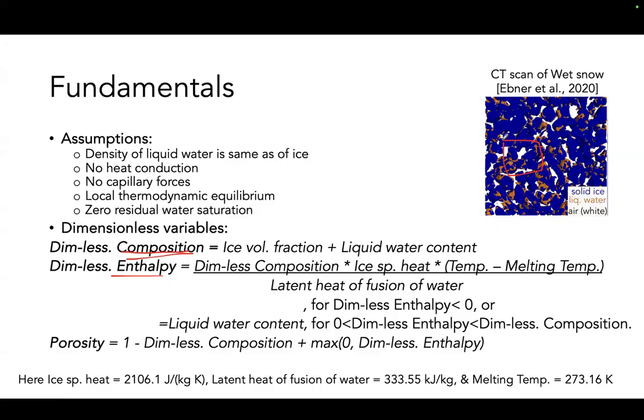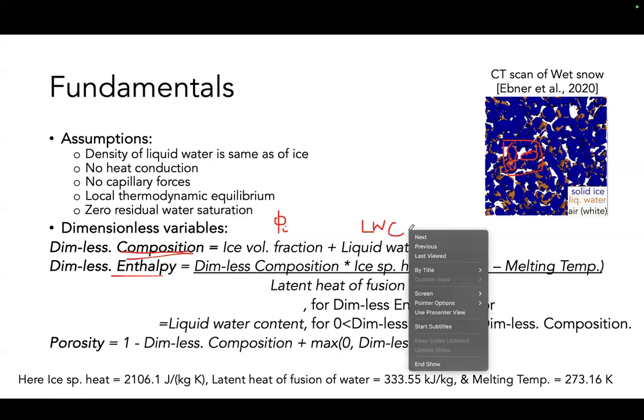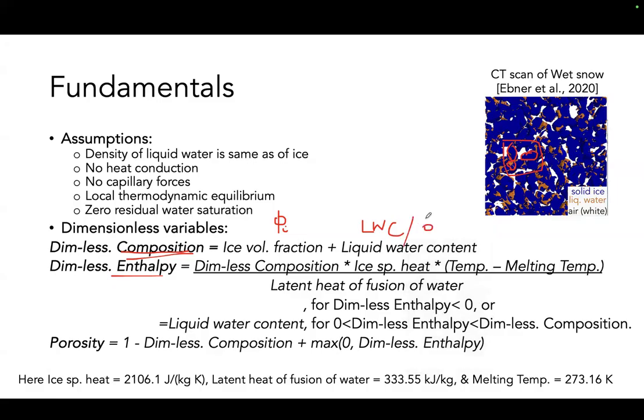And that total amount of water is the volume fraction of ice in this region, which is just the volume of this blue region divided by the volume of the box or bulk volume. We call it phi sub I. And liquid water content is the fraction of volume of this red region, LWC or phi sub W.